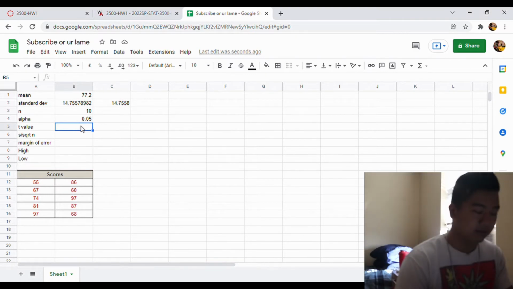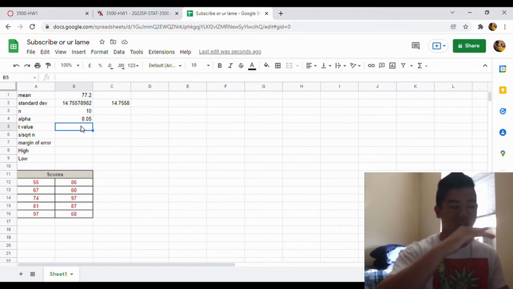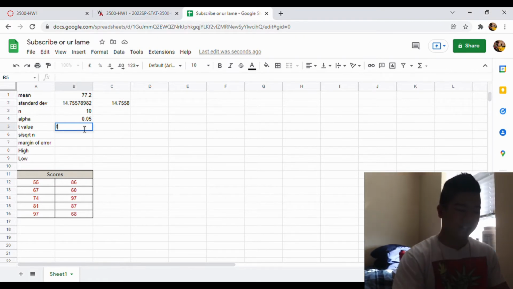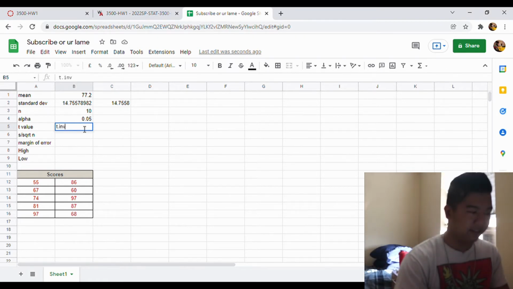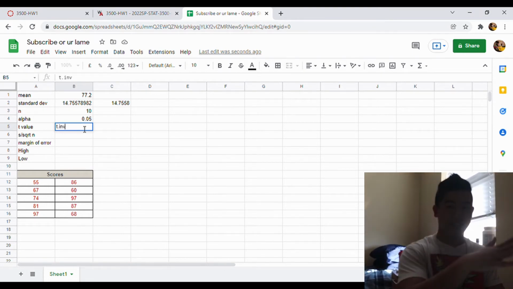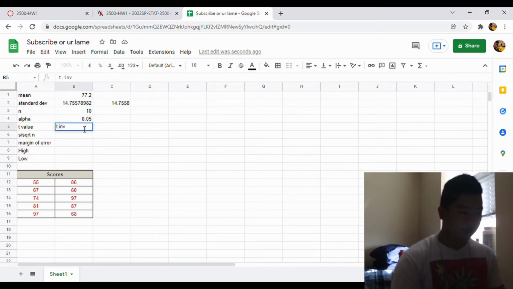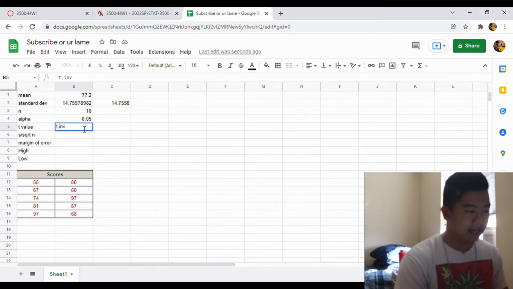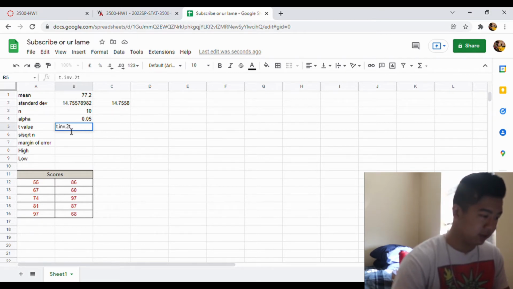So we're looking on the t distribution. We don't look for the number on the x-axis, so T.INV, because we are not looking for the probability underneath the curve, we're looking for the t value. T.INV, and this is a two-tailed test, so we're going to put dot 2T, short for two-tail.